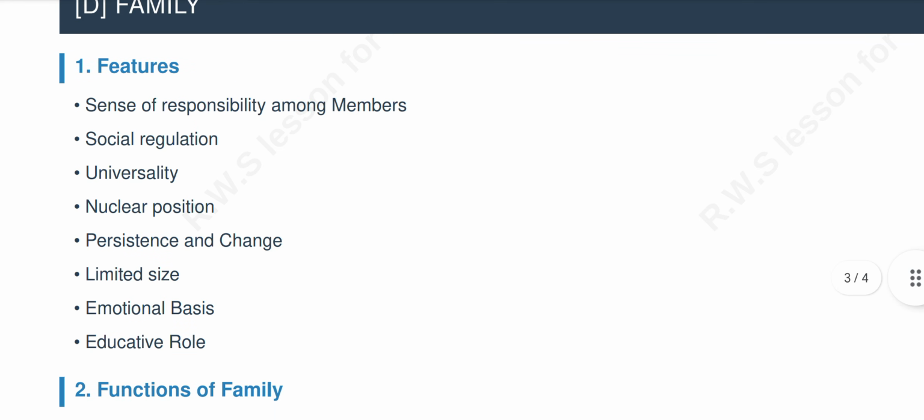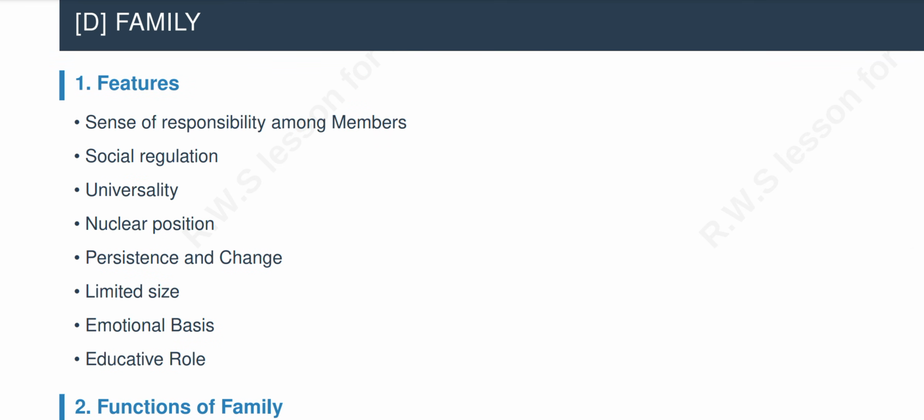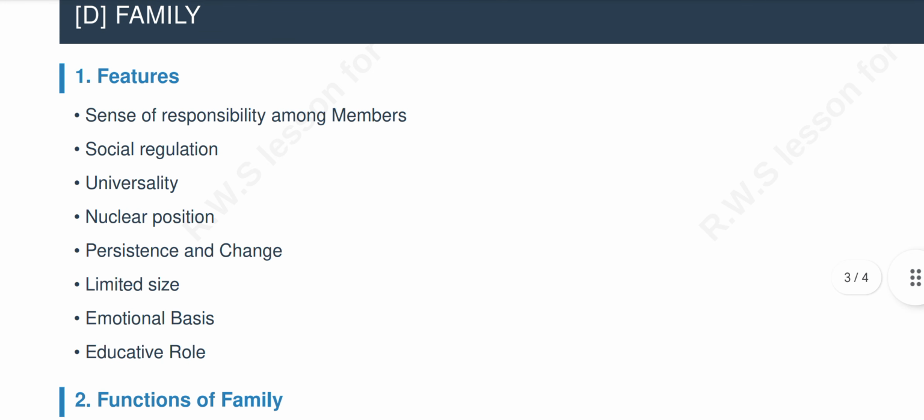Now let's move on to the family. This is the last one, the family. Features of the family: sense of responsibility among members. Obviously, it's a clear point. Now, social regulations. As you have learned in class 11, the family is the primary agent of socialization.